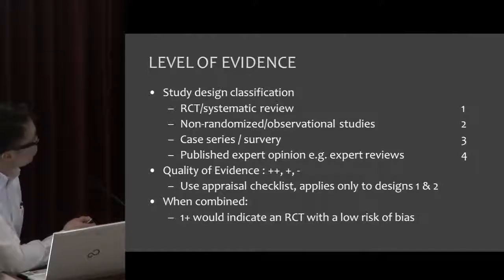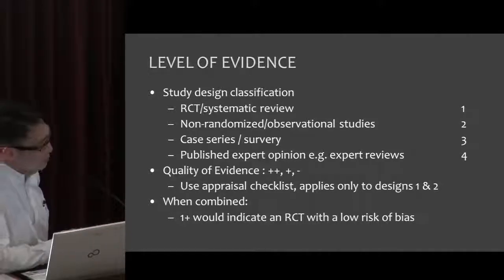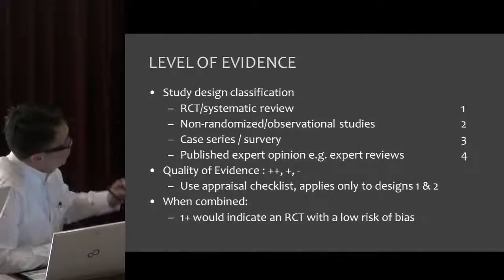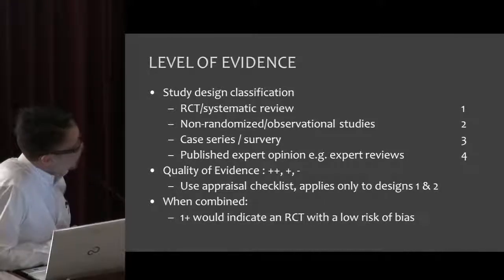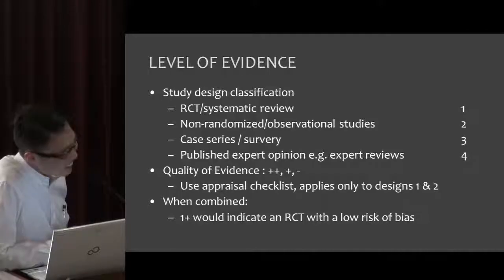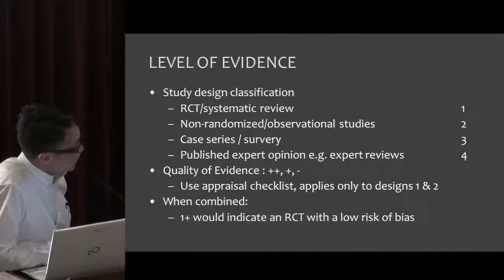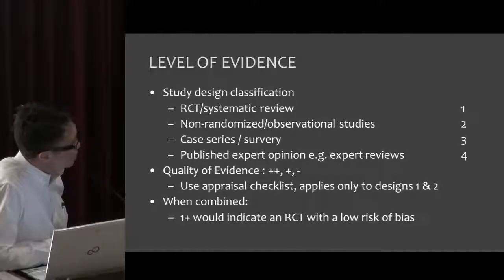Just for those of you who are not very familiar with how we classify, generally we're talking about a randomized, this is not root canal treatment. A randomized controlled trial or a systematic review is generally level 1 evidence. A non-randomized study or observational study is level 2.